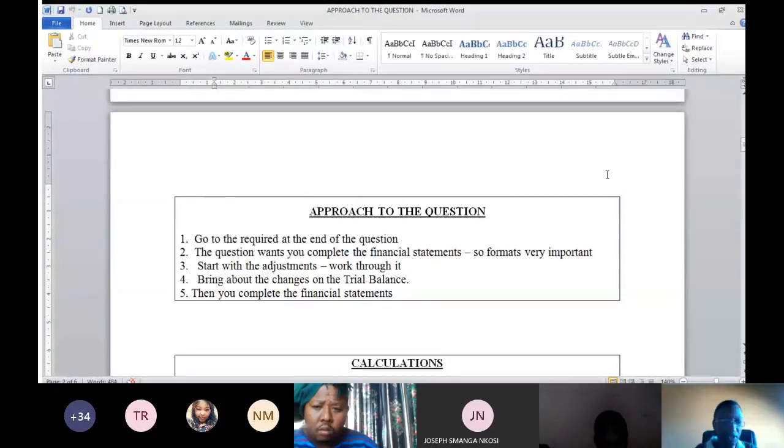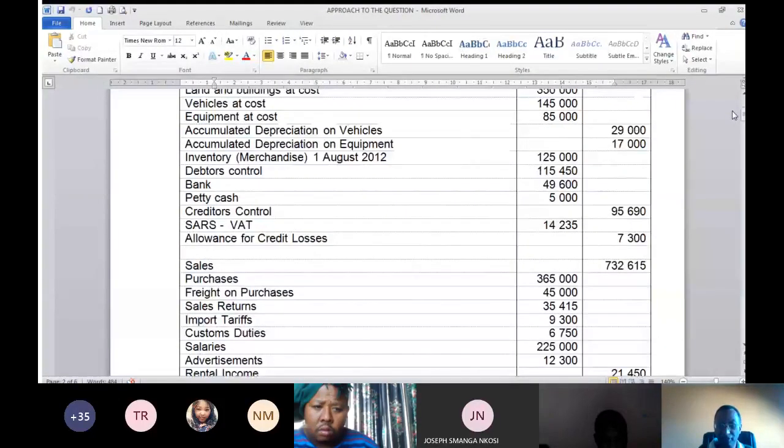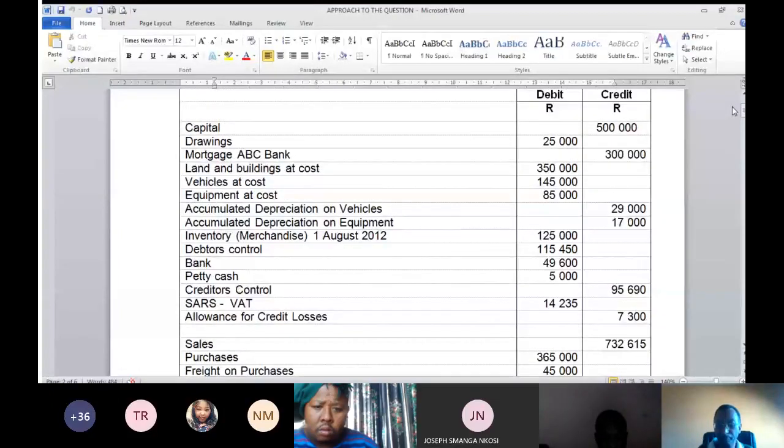They give you a trial balance there of Salepe Traders. Now, in the trial balance, remember the trial balance is a summary of the transactions that have happened during the course of the year. Your trial balance consists of 2 sections.